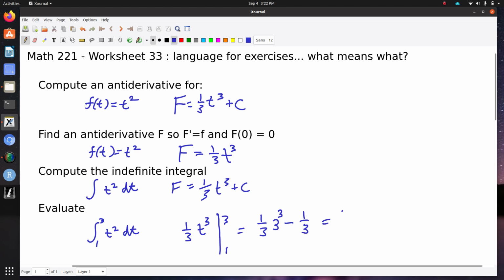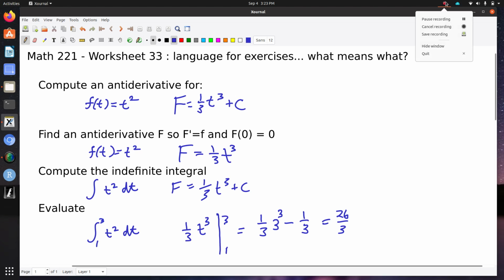You can factor out the 1/3, of course. 27 minus 1 is 26. Okay? So that's the difference in the instructions. In all cases, you still just take the antiderivative. It's just your finishing touches are different depending on the instructions.